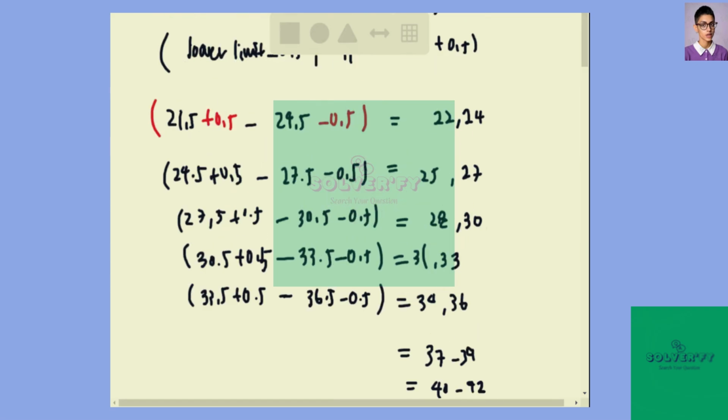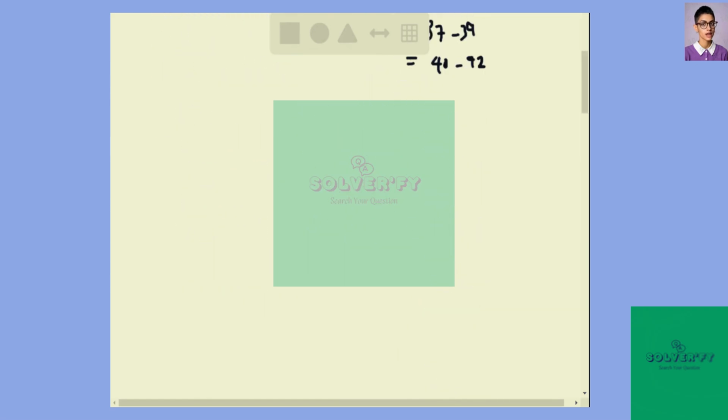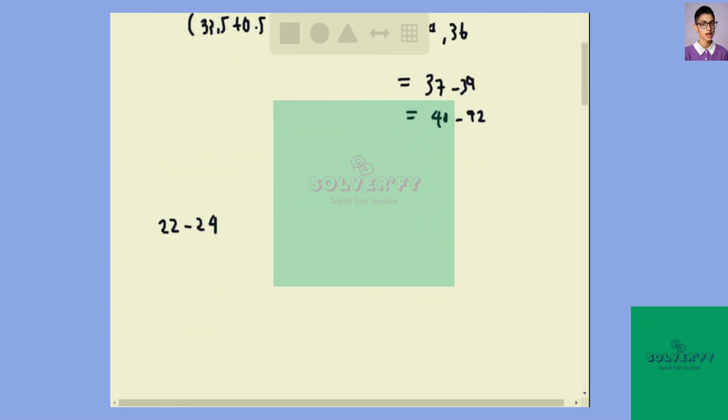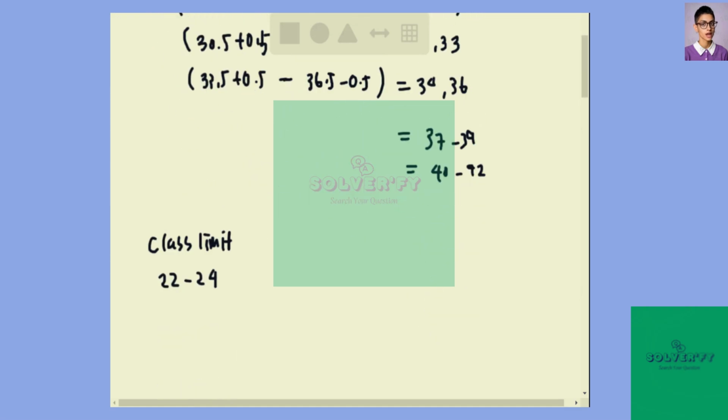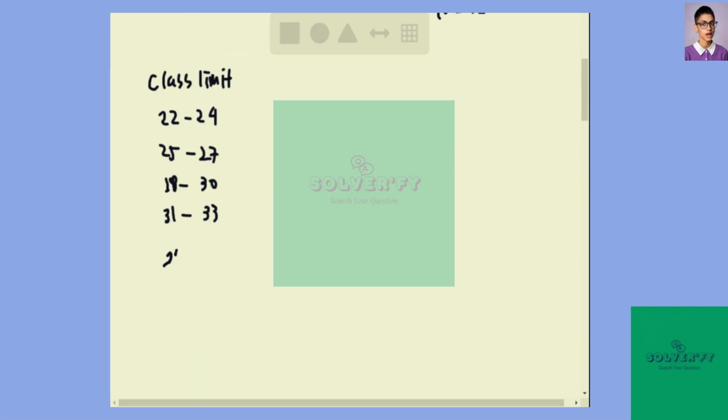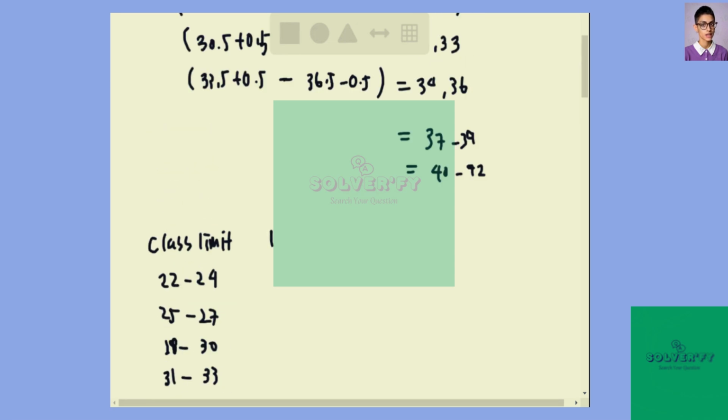The first class limits are 22 to 24, then 25 to 27, 28 to 30, 31 to 33, 34 to 36, 37 to 39, and 40 to 42.